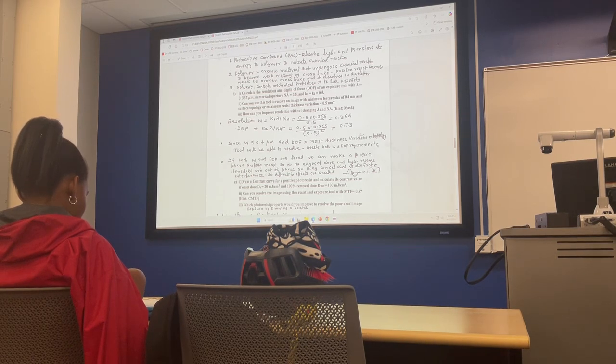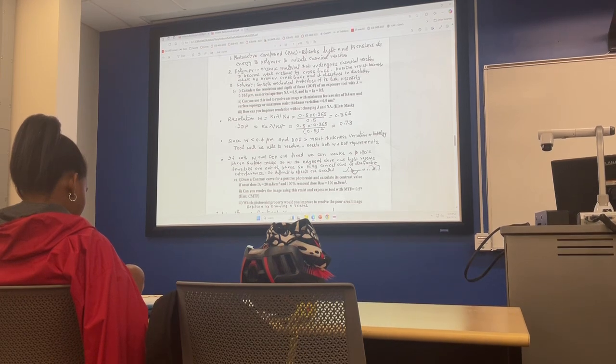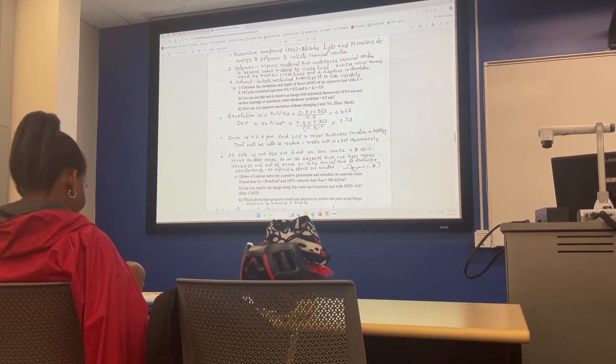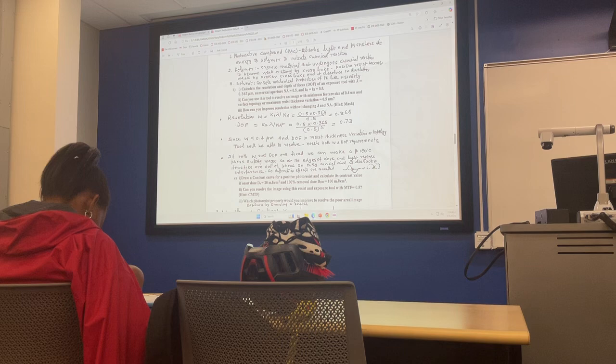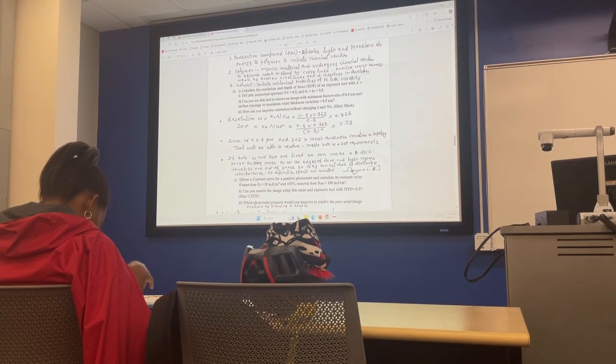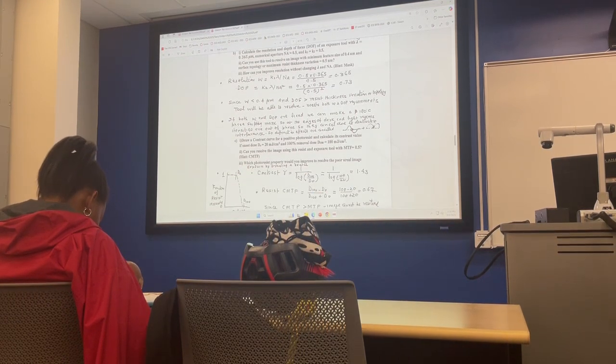This is one dark region, this is light, this is dark, and you don't have overlap here. So the answer was basically to use a phase shifting mask, which shifts the phase by 180 degrees in the adjacent gap. That was the answer, though it was kind of only one point.